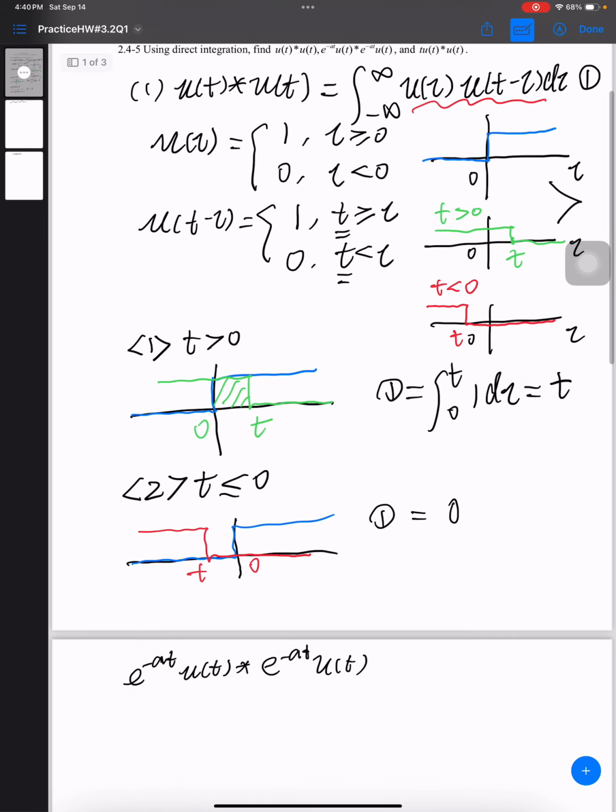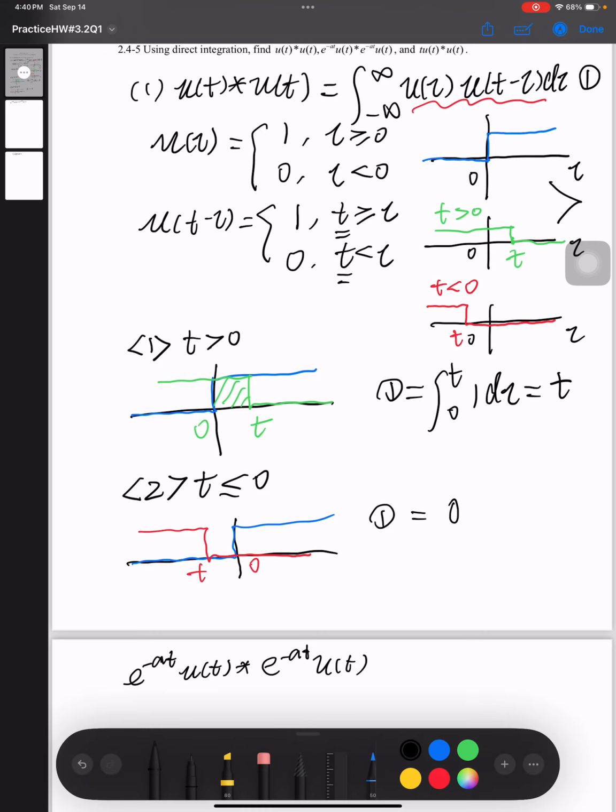So eventually the final result is that the convolution of u(t) with another u(t) equals t when t is larger than 0, otherwise equal to 0 when t is smaller than or equal to 0. That's the final answer for this one.